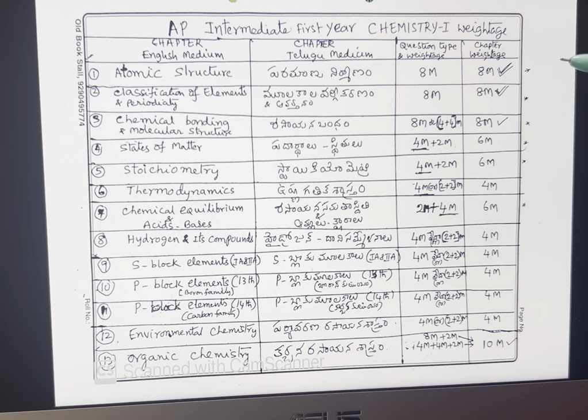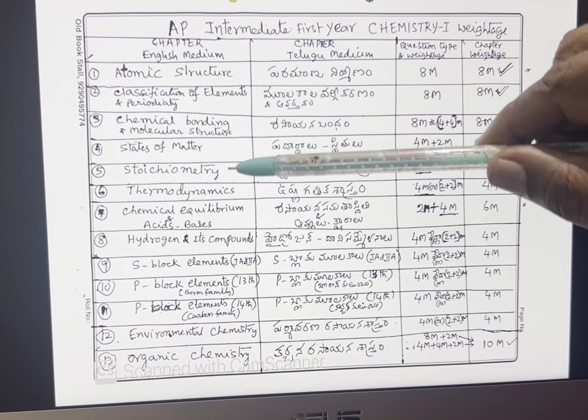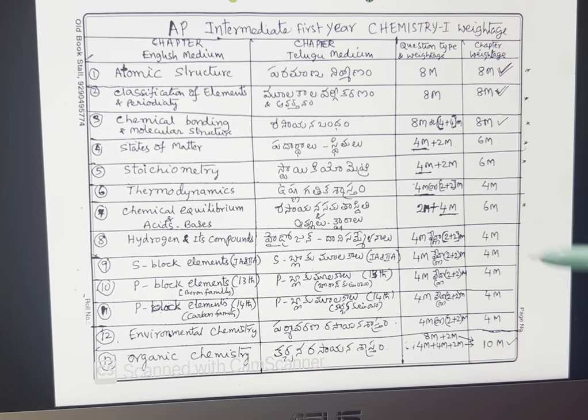Average and below average students who want to pass chemistry should prepare these chapters strongly: atomic structure, classification, chemical bonding, states of matter, stoichiometry, and acids and bases and chemical equilibrium.